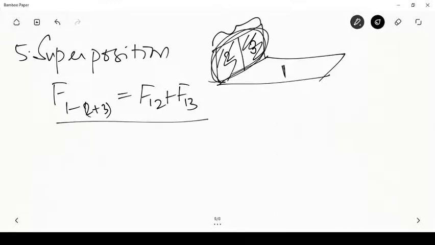This is the principle of superposition. This is again useful in simplifying various cases. Okay, so that's the principle of superposition. Now using this, we should again use reciprocity and find out what happens to F2 plus 3 to 1.